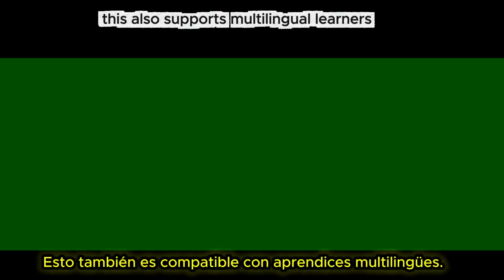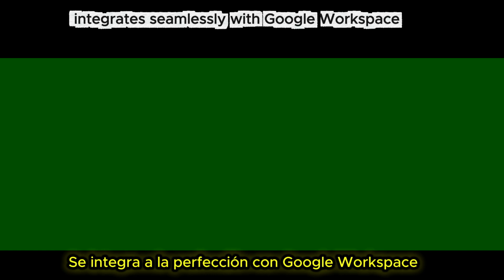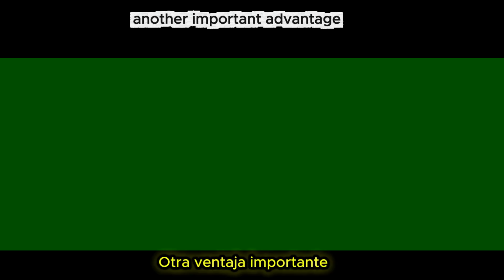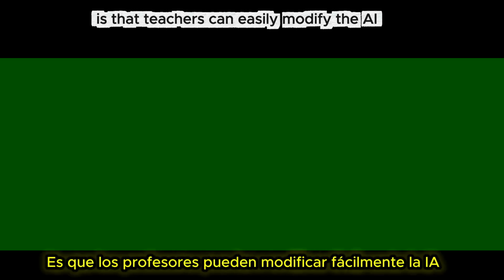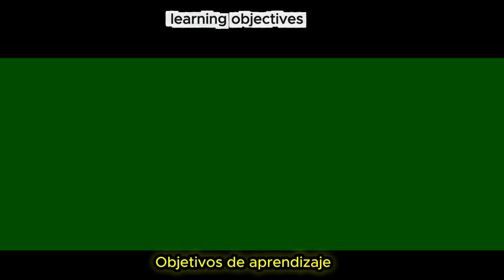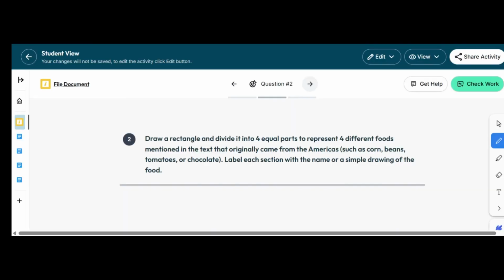This also supports multilingual learners, integrates seamlessly with Google Workspace, and allows teachers to customize every assessment before sharing with students. Another important advantage is that teachers can easily modify the AI-generated content to better align with their curriculum, learning objectives, and the specific needs of their students.